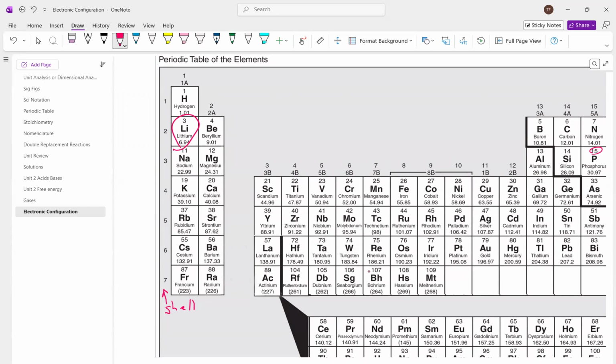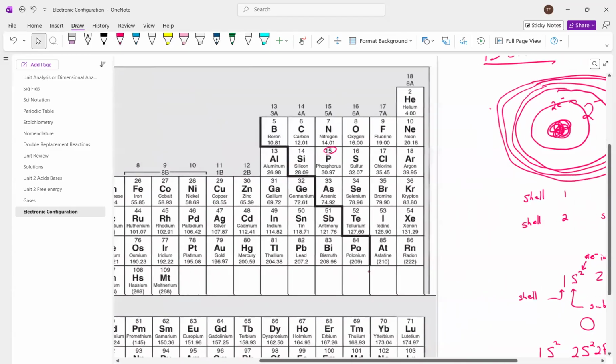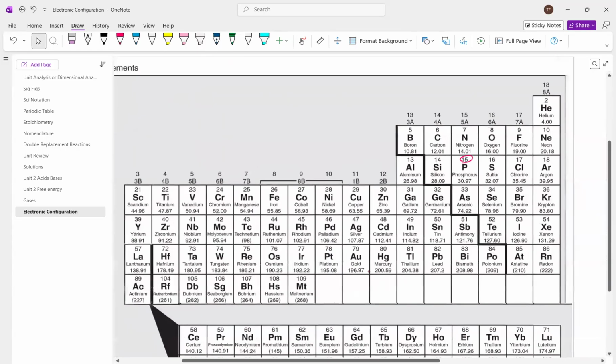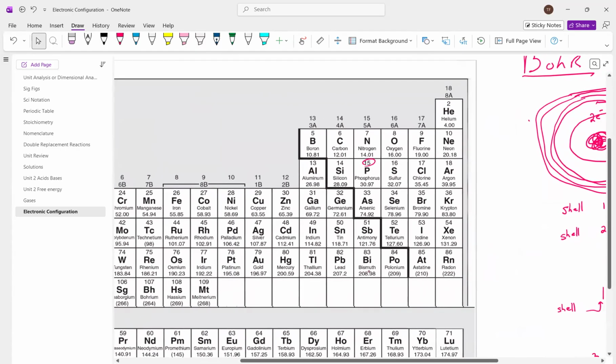Okay, notice on shell 1, we've got hydrogen and helium. Shell 2, we've got lithium, beryllium, boron, carbon, nitrogen, oxygen. So the alignment on the periodic table goes with the electronic configuration.